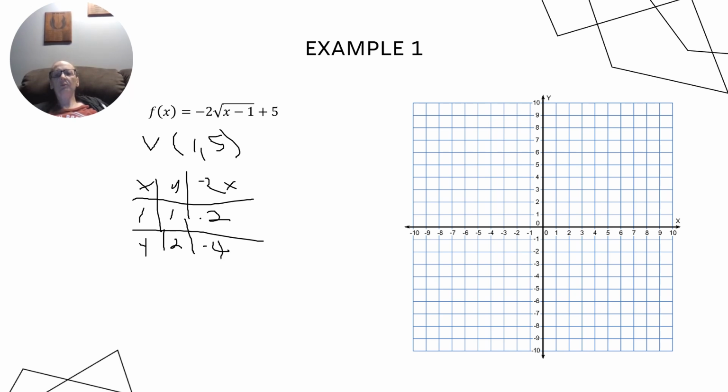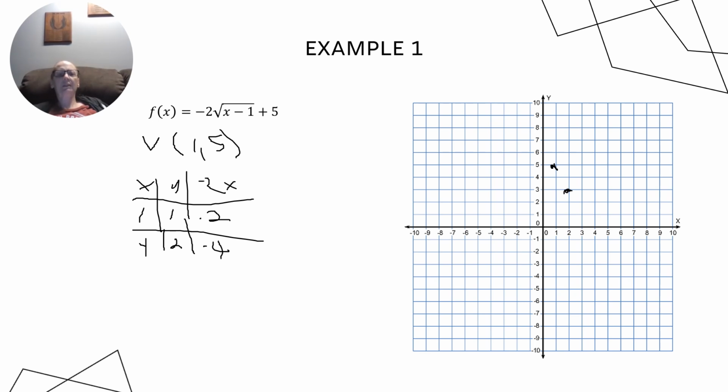So we're going to start over at our vertex, which is 1, 5. So up here. And then it's going to go up and to the right from there. Well, it'll be down and to the right because it's negative. So over 1, down 2.